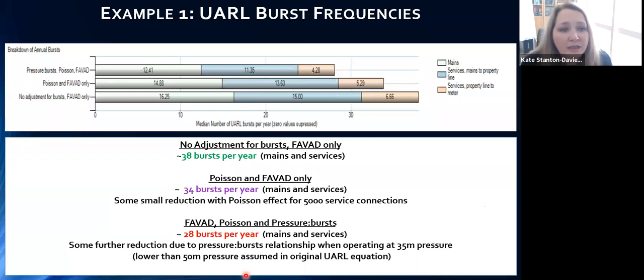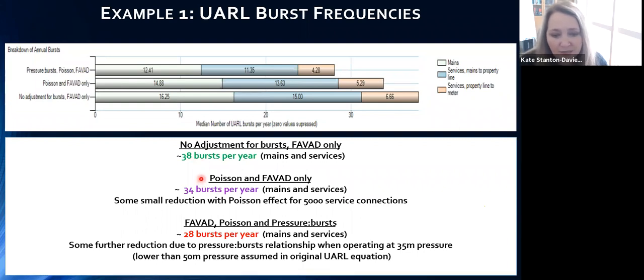If we go to look at the burst frequencies for the same system, if we use the standard calculation, so no adjustment for bursts, that's this bottom bar here, then we're looking at a median number of 38 bursts per year across mains and services. The system is not a large system, it's not a particularly small system either.